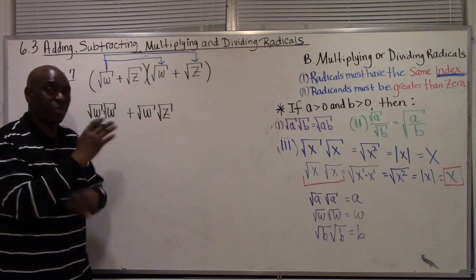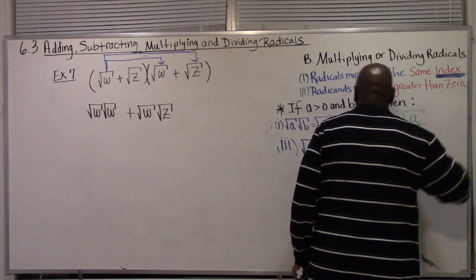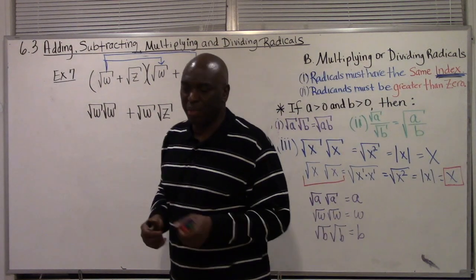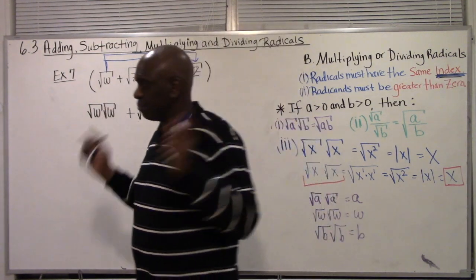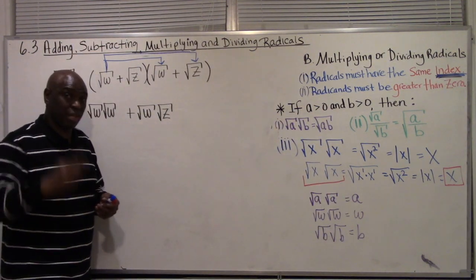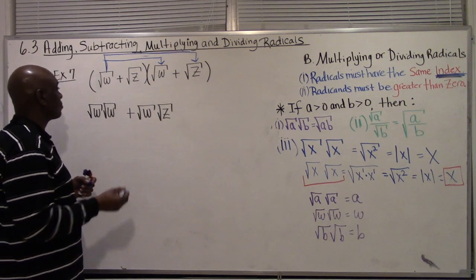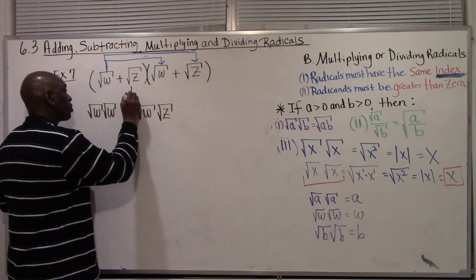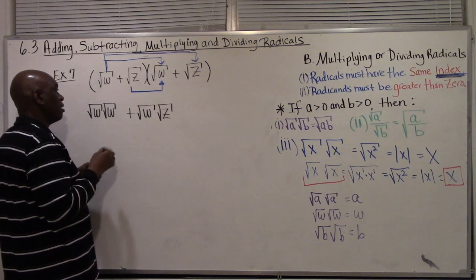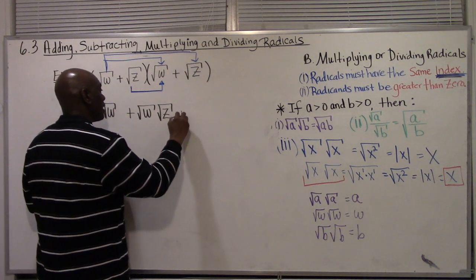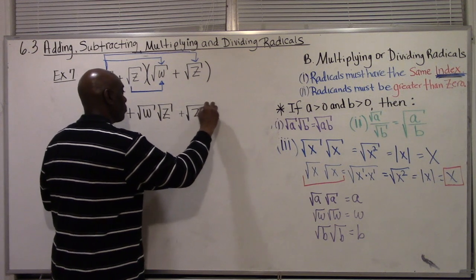And bear in mind, we can multiply these things because they all have the same index. Highly likely you're going to be asked to multiply expressions where the indexes are different, because you can. And I'll show you an example of that too. All right. That's done. So now go right here, multiply, foiling here. That's going to be positive root z times root w.